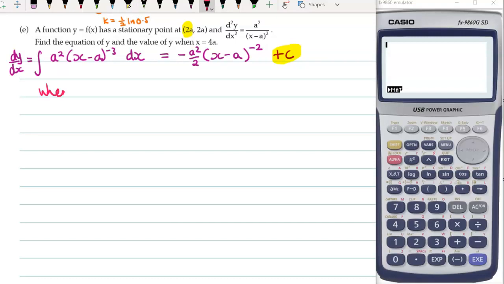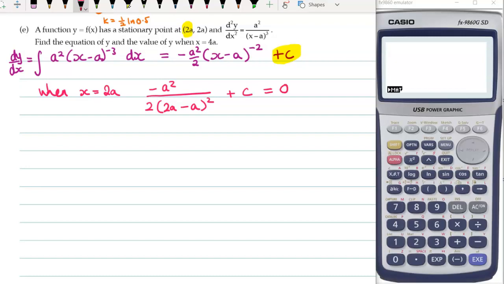So when x is 2a, we know that that derivative, the dy by dx, will be equal to 0 because it's a stationary point. So we have minus a squared over 2. I'm going to actually bring that bracket of the x minus a to the power of minus 2 onto the bottom of our fraction. So x is 2a minus a, plus c.